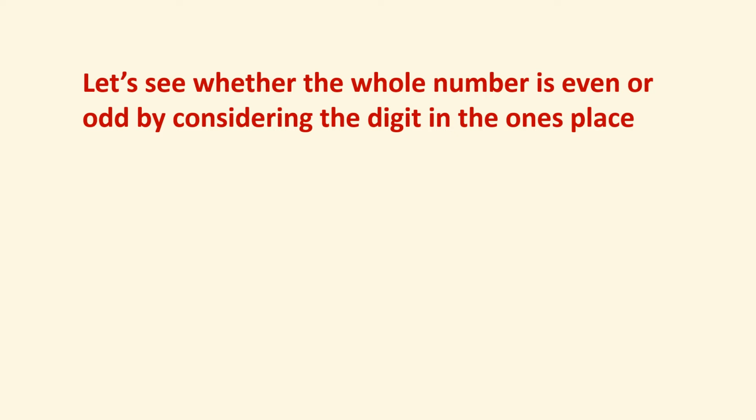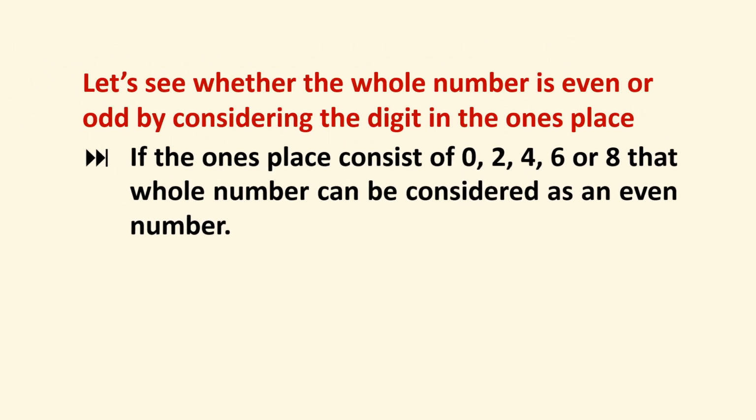So what should we do? Have a look at this. If the ones place consists of 0, 2, 4, 6 or 8, that whole number can be considered as an even number. That means if you are going to have an even number as the digit in the ones place of the given number, that means the given number is an even number.